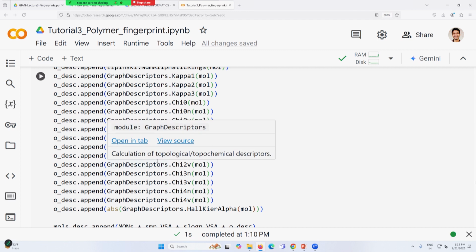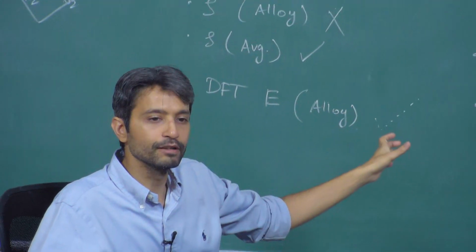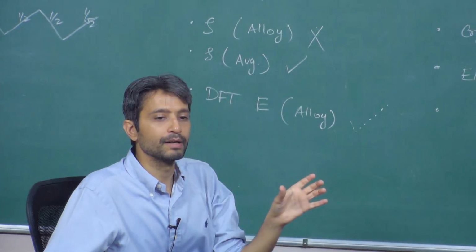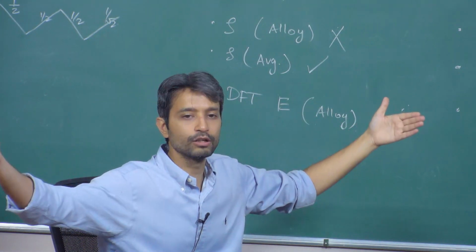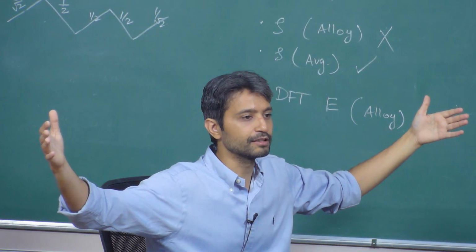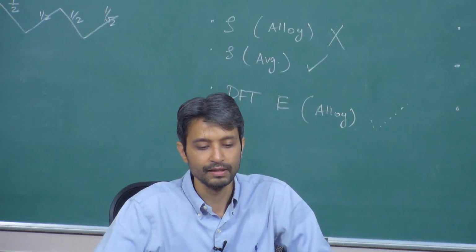Very similar to how you have atomic fingerprints for alloys, and to that you concatenate a processing condition fingerprint, the same thing I am doing now. I have the Morgan fingerprint, to that I am adding my graph-based fingerprints, and I am making an even longer fingerprint vector consisting of both these different types of fingerprint strategies.